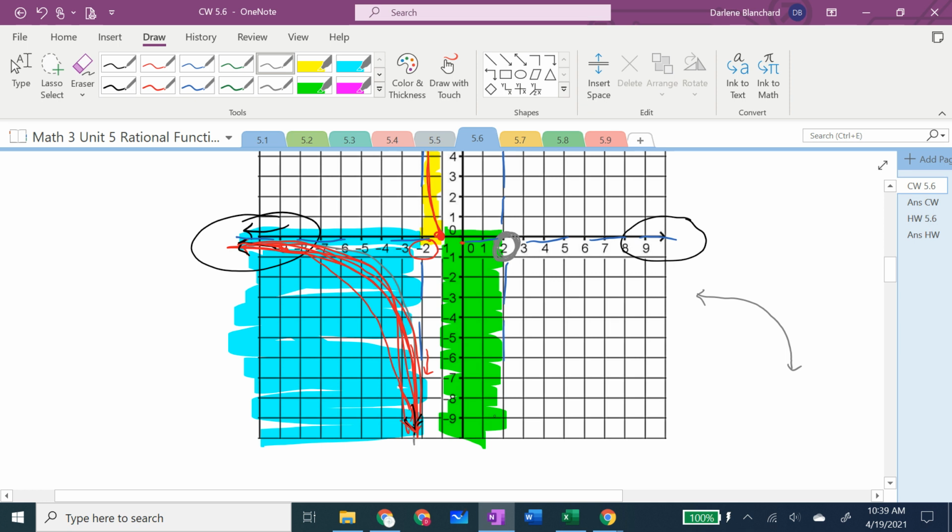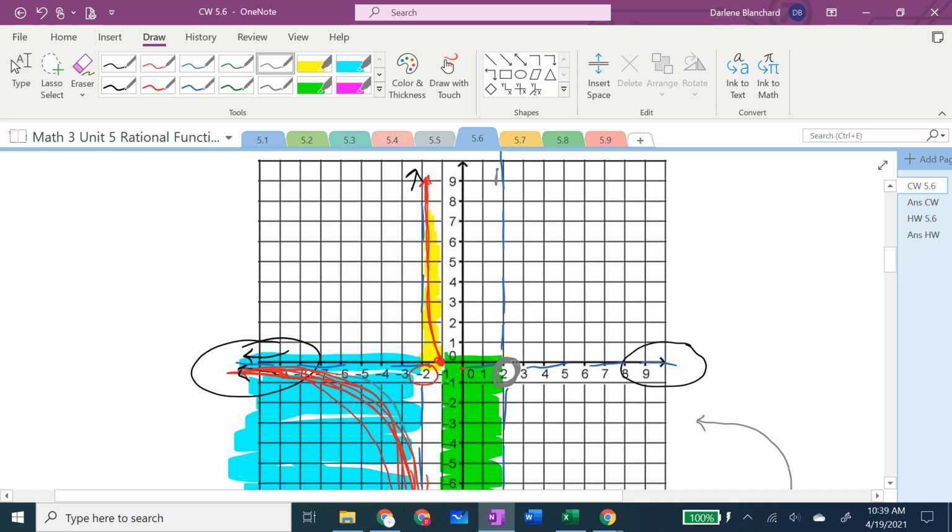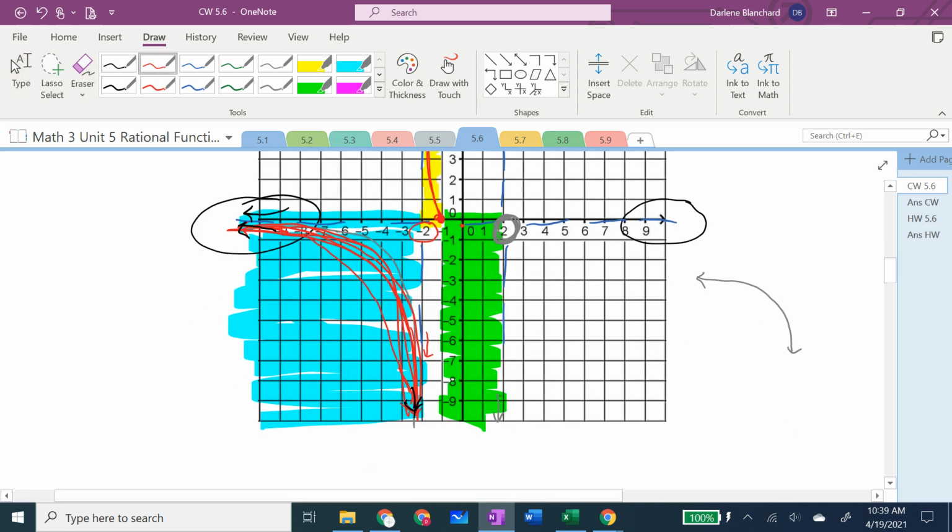The left side of that vertical asymptote, we're either heading down or we're heading up. Which one is it? Because we have to have only negative y values, we are heading down. Now, let's play connect the dots.